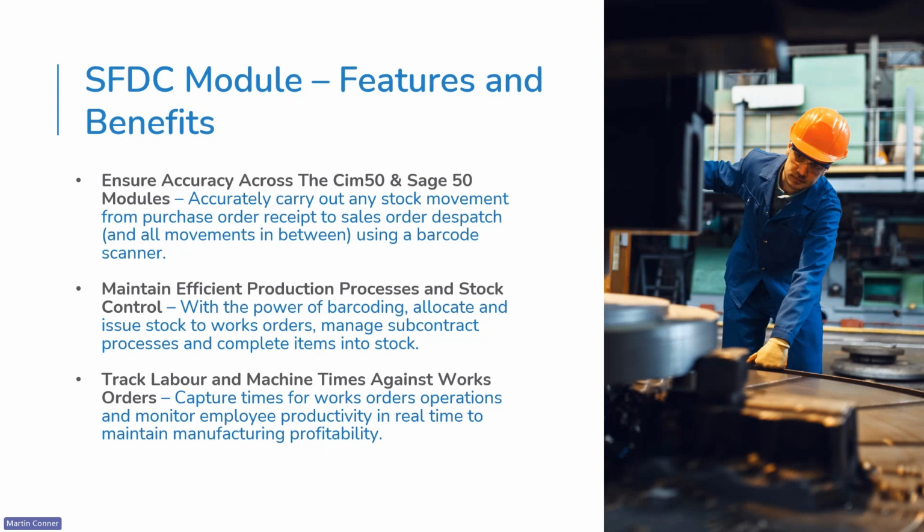So allocating and issuing stock to works orders, managing the subcontract side of things, even completing the works order to put the finished item into stock, or the sub-assembly into stock so it can then be issued on to the finished item works order, and also the ability to capture actual labor and machine times against the works orders and operations. So you get real-time productivity information captured, and costs, essentially the costs against the works order and operation as well, so that you can then do your reporting based on estimate versus actuals.